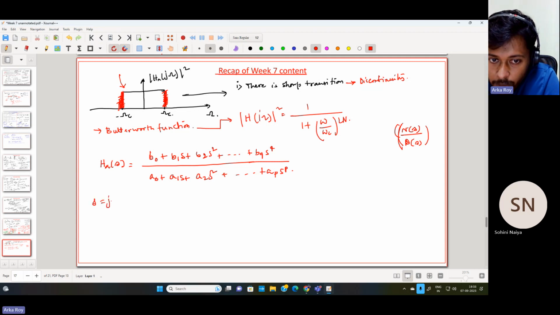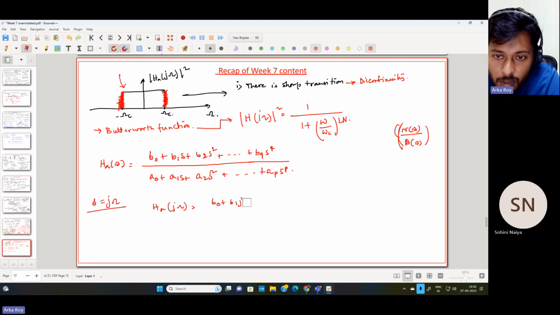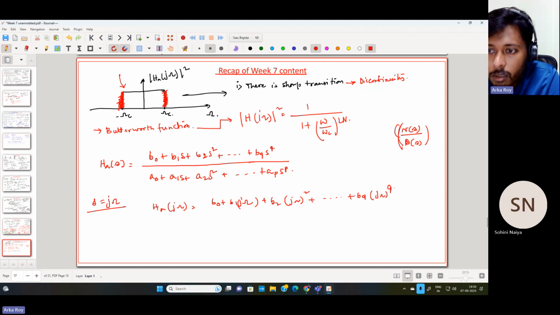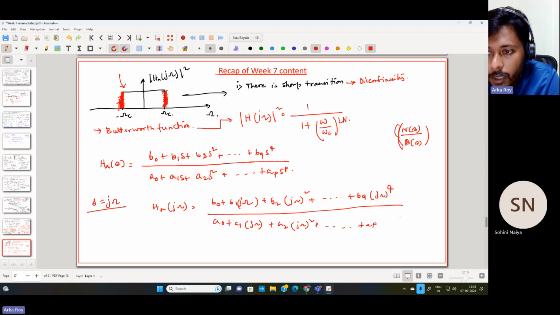Now if s equals j omega, it will simply be H(jω) equals b0 plus b1 (jω), b2 (jω) whole squared. So better to write in parentheses. Up to bq (jω) to the power q, divided by a0 plus a1 (jω), a2 (jω) squared, and then ap (jω) to the power p.